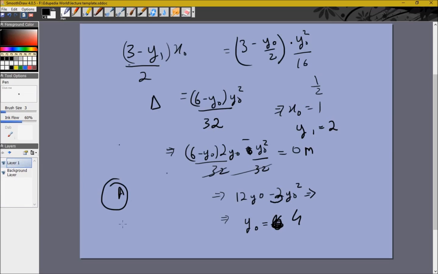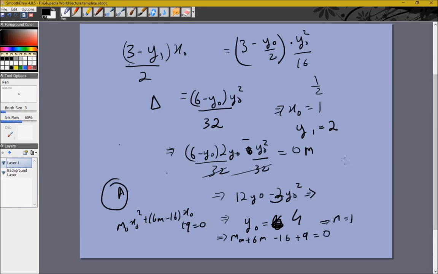We had the original equation m squared x0 squared plus (6m minus 16)x0 plus 9 is equal to 0, and x0 is 1. So this becomes m squared plus 6m minus 16 plus 9 is equal to 0. m squared plus 6m minus 7 is 0, or m is 1.